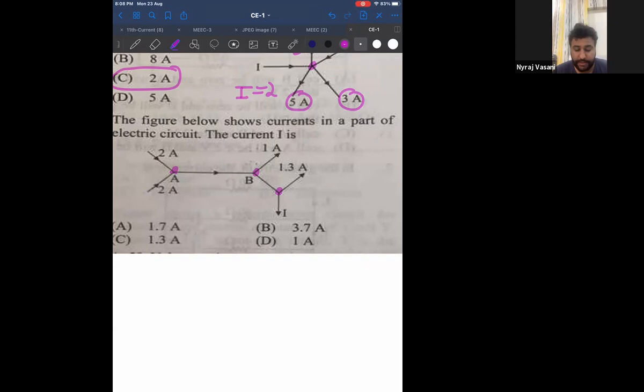I am getting the majority answer as 3.7. It is wrong. 1 minute.